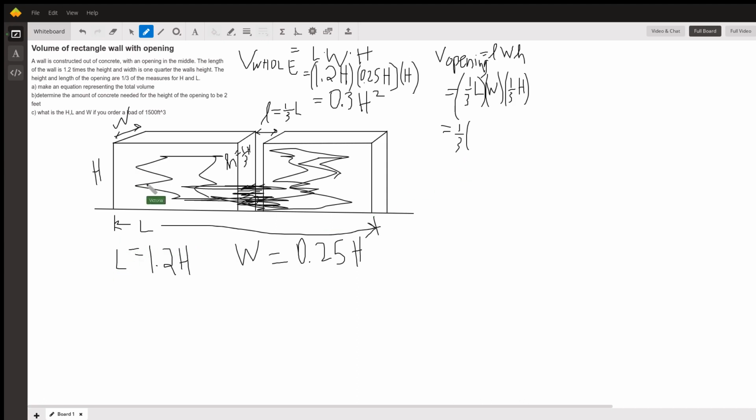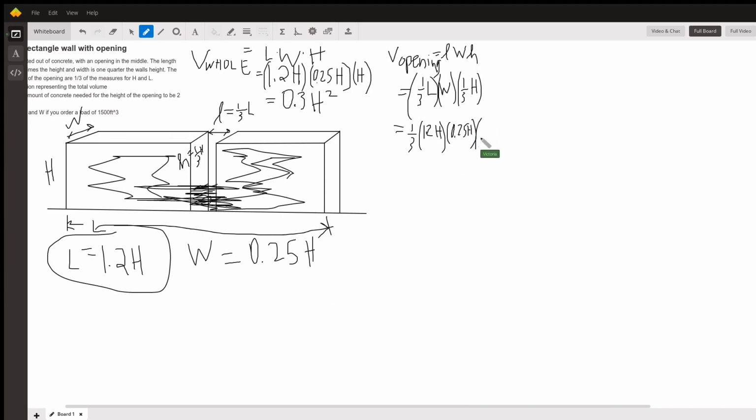We learned that L was 1.2H, W was 0.25H, and little h is 1/3 H. So now we're going to have everything in H times H times H, which is H cubed.